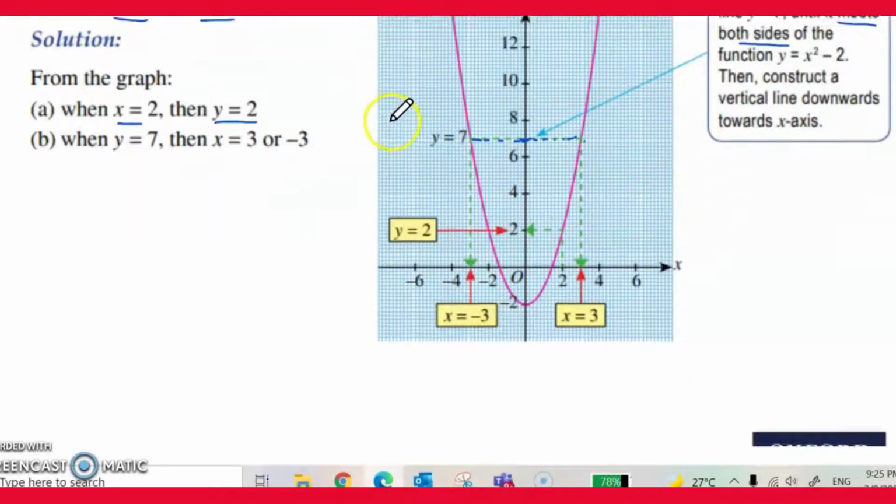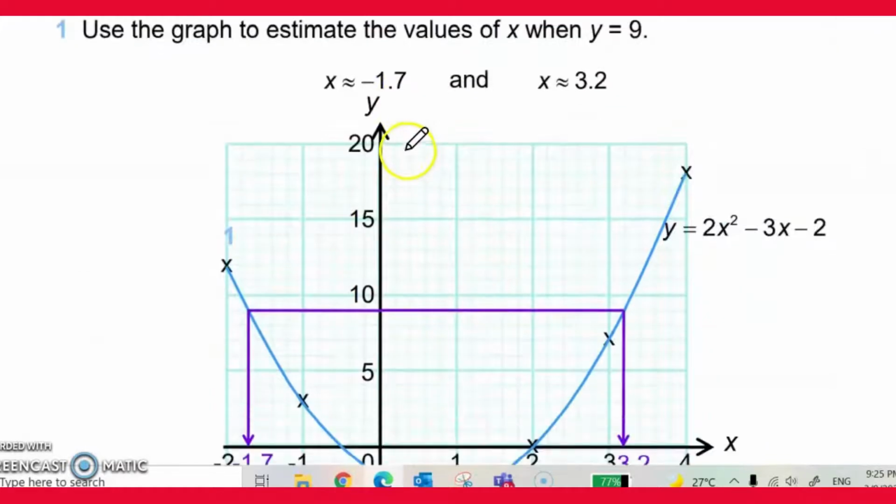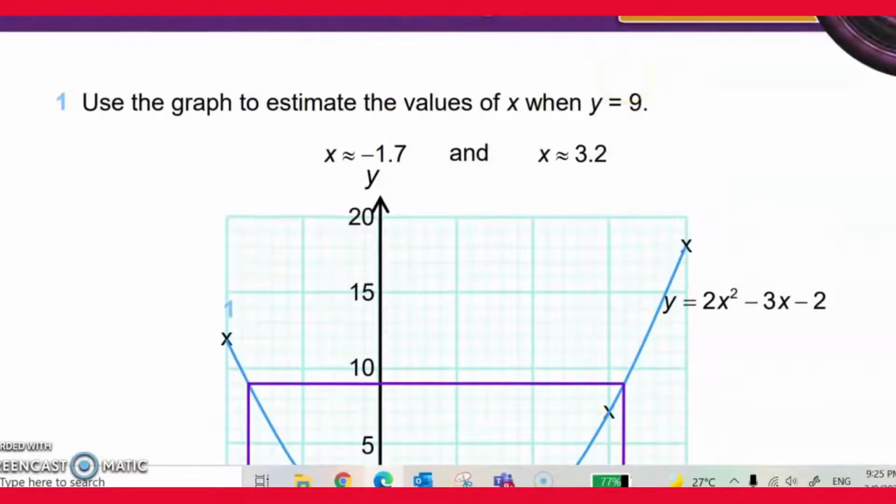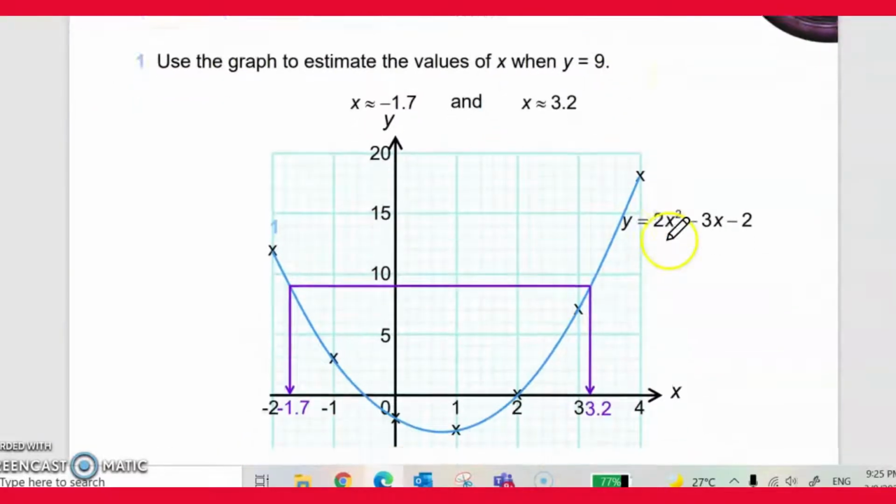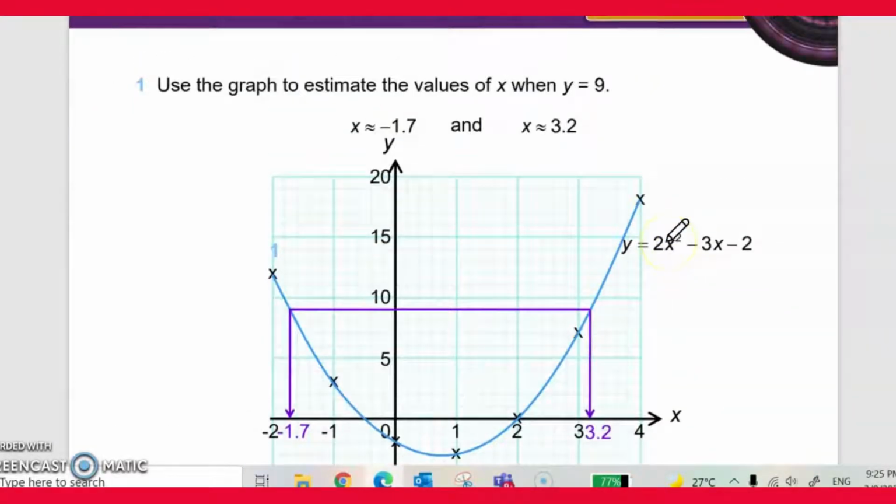Okay. So we go to the next example. Use the graph to estimate the value of x when y equal to 9. So from the graph, bila kat sini y equal to 9, kalau tengok tadi, kita construct a line, y equal to 9.